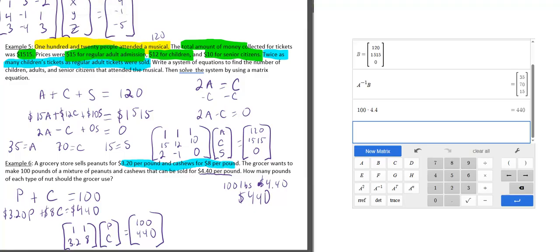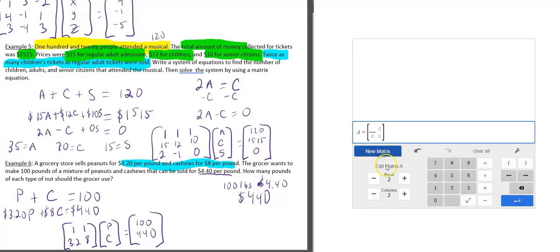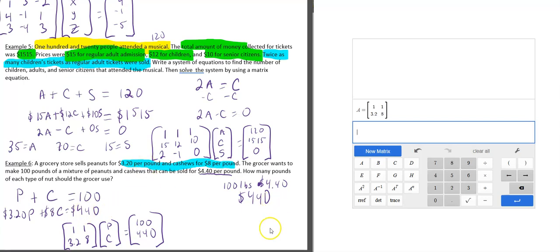So when we set this up, same thing, guys, we got to make our matrix A, which is our coefficient matrix. Hey, and listen, if you want to put 3.20, that's fine, it's the same thing, guys. I converted that to a whole number, so we're good.